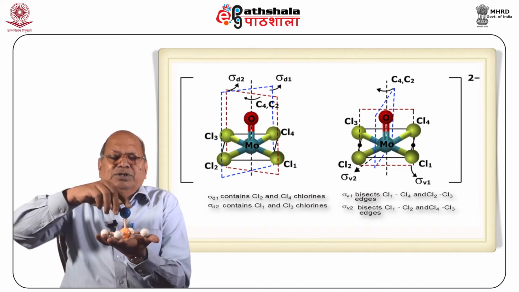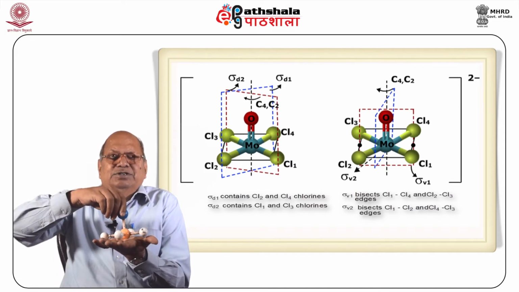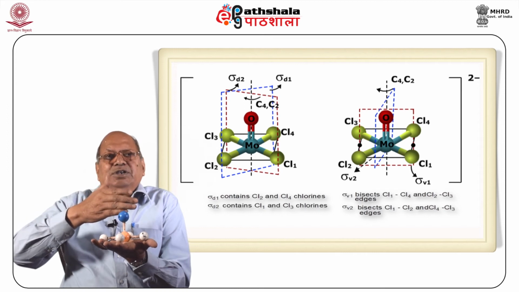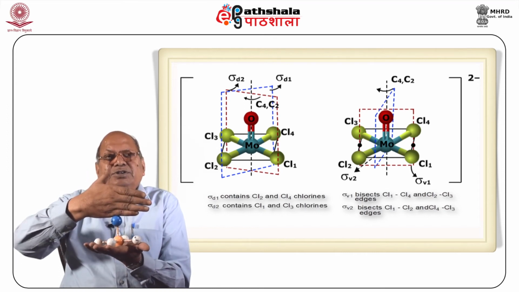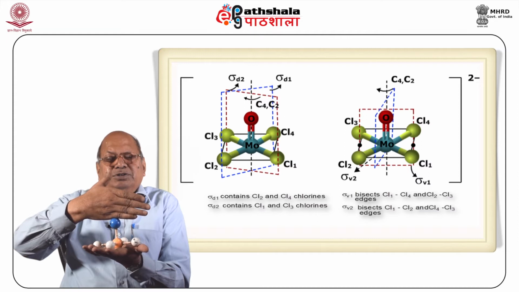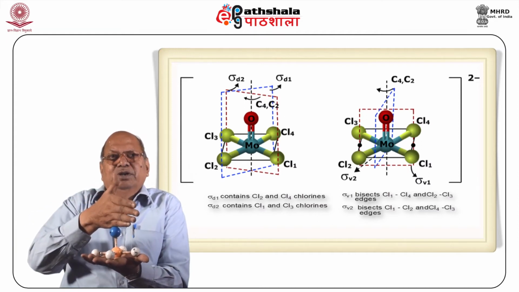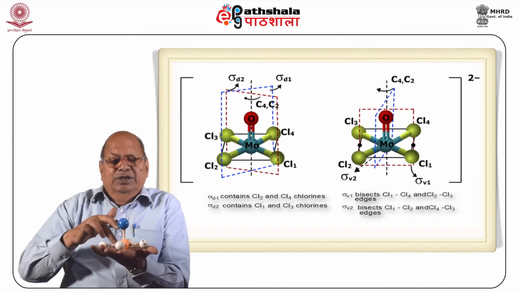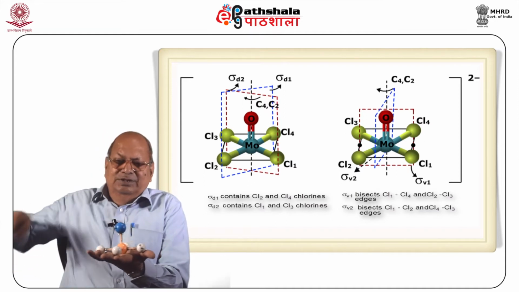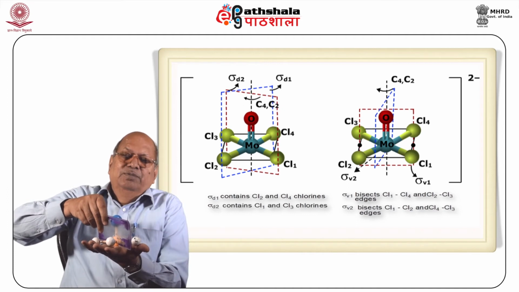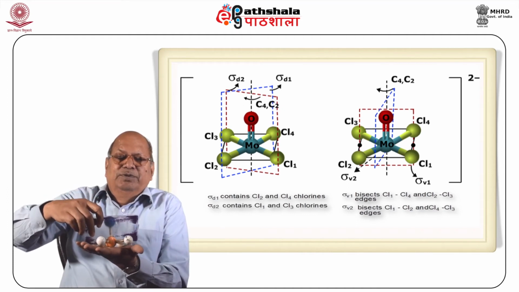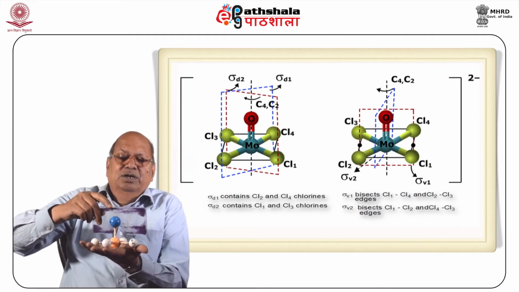C4V point group because it has a C4 axis and it has sigma V's also. That is, this is along the bonds, this is also along the bonds, and this is in between these bonds. That is, this is in between bonds, this is in between bonds, and this is along the bonds.